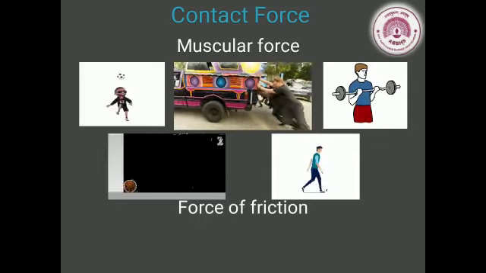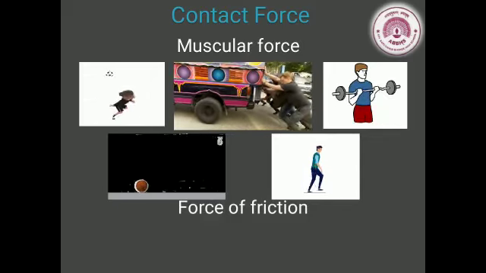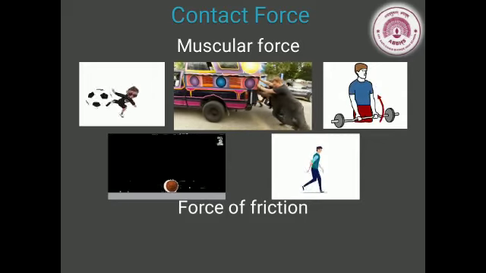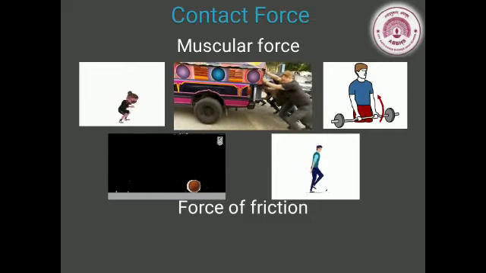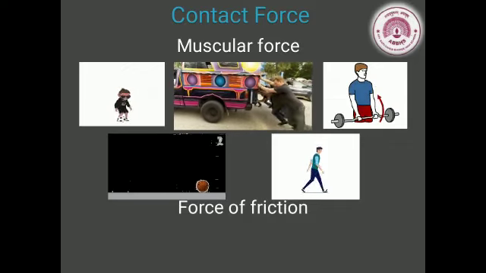So, why does this happen? This is because of the force of friction between the ground surface and the object in motion. In the absence of frictional force, the object would have remained in motion.